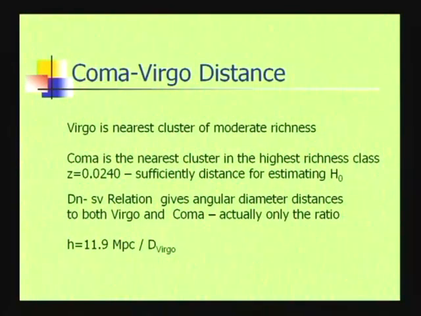Now, the Coma cluster and the Virgo cluster are two of the clusters nearest to us. The Virgo cluster is actually the nearest cluster. It is a rather diffuse cluster. It is not clear whether it is already completely relaxed or still in the formation process.